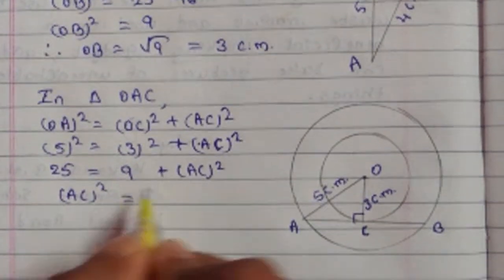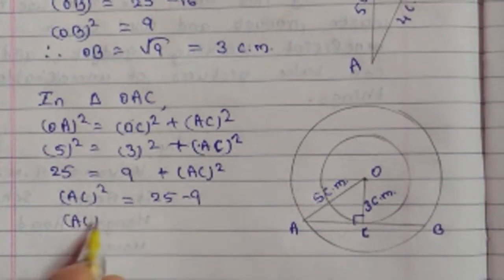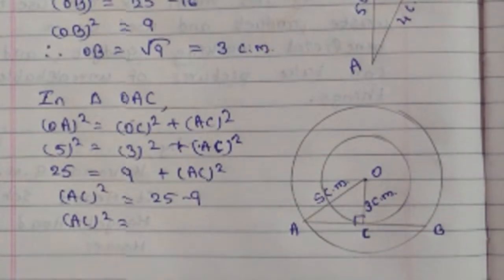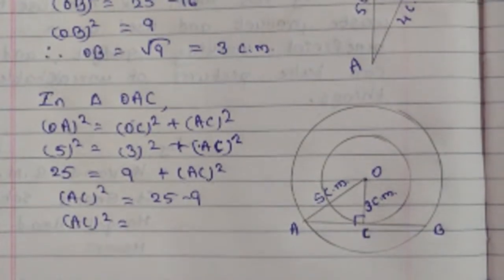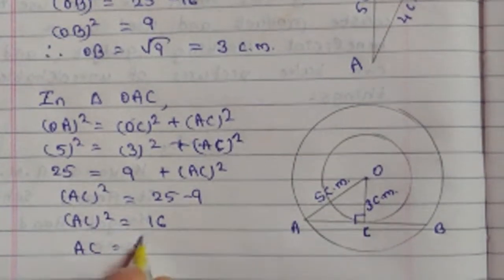AC square equals 25 minus 9. AC square is how much? That is equal to 16. So therefore AC value is the square root of 16.